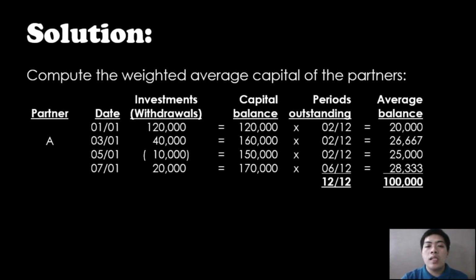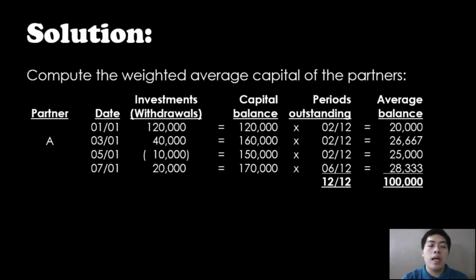Okay, so this 160,000, naging outstanding siya for 2 months. So, we have 26,667. Actually, 26,666.66 yan. Okay, so round off na lang to 67. Then afterwards, nagkaroon siya ng withdrawal, which result ng kanyang 150,000 na net balance. 2 months din naging outstanding yung balance na yan.